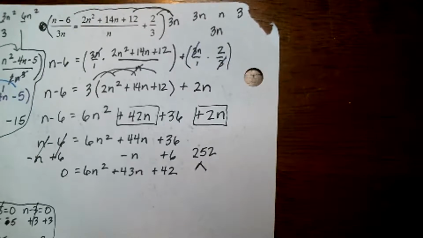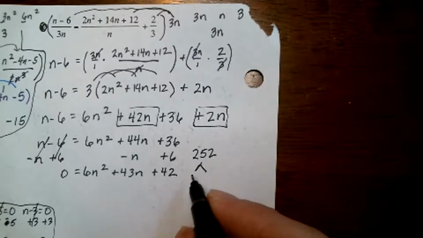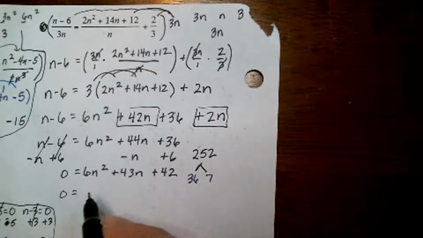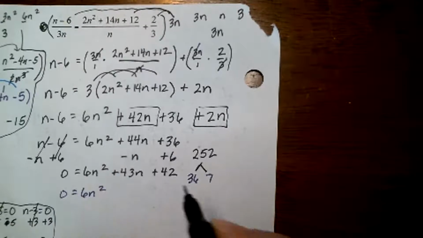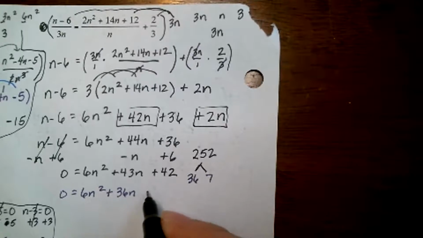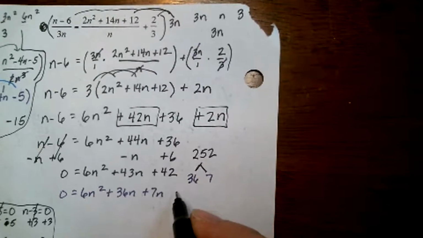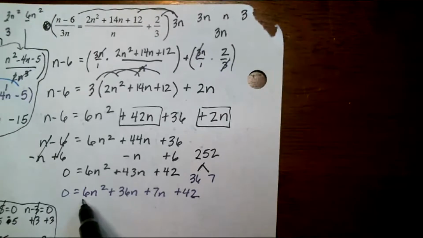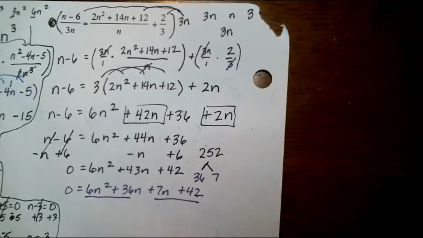Very good, Molly. 36 and 7. Molly's like a wizard over there. 0 equals 6n squared, now let's rewrite it. 6n squared plus 36n plus 7n plus 42. So we remember that's factoring by grouping, and then we factor each group.